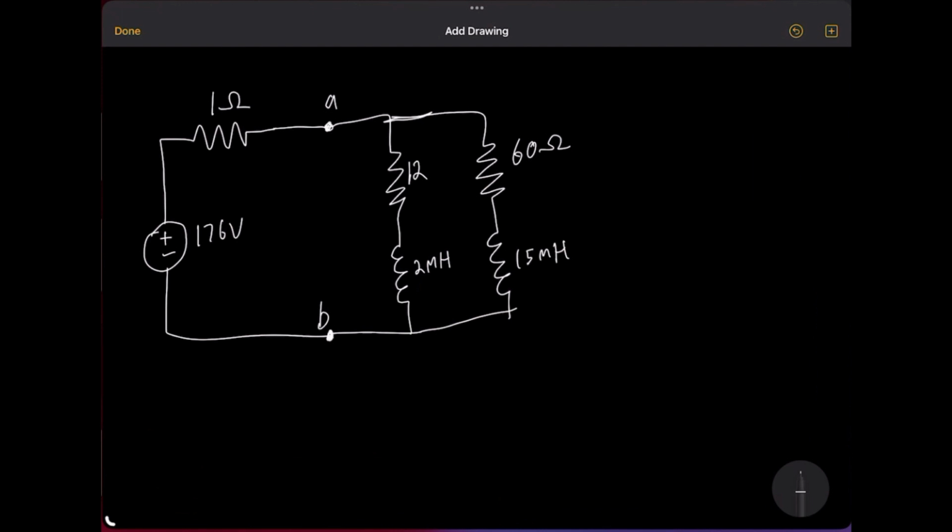We have two sets of inductors, two resistors. Now, let's see.